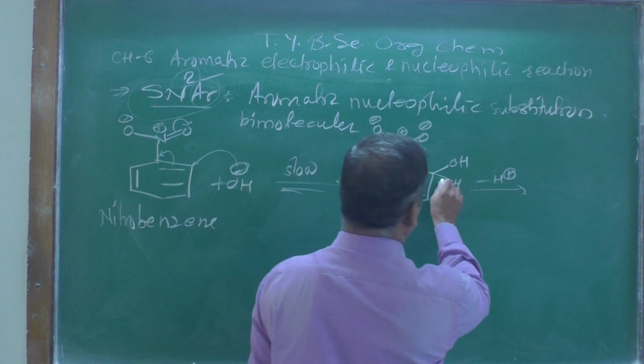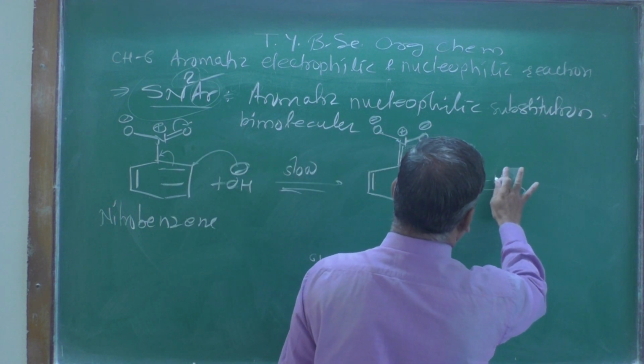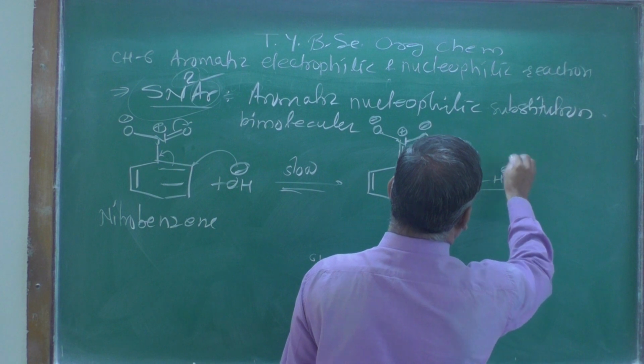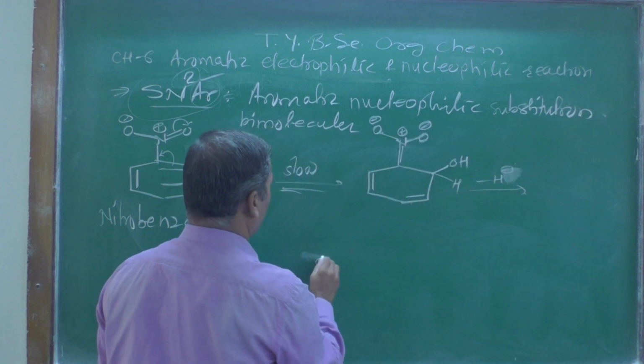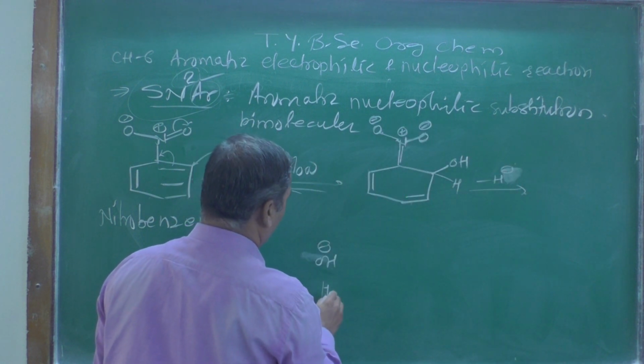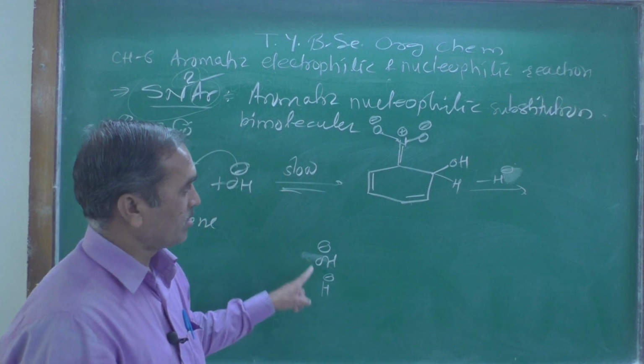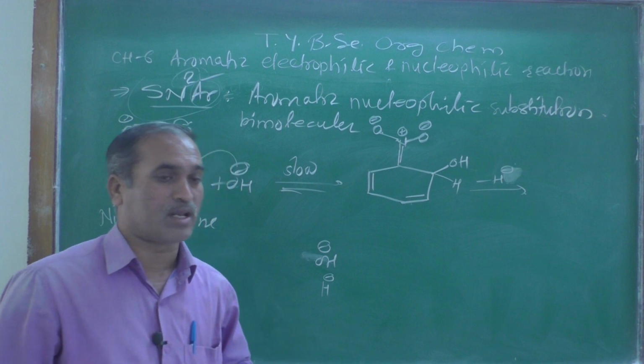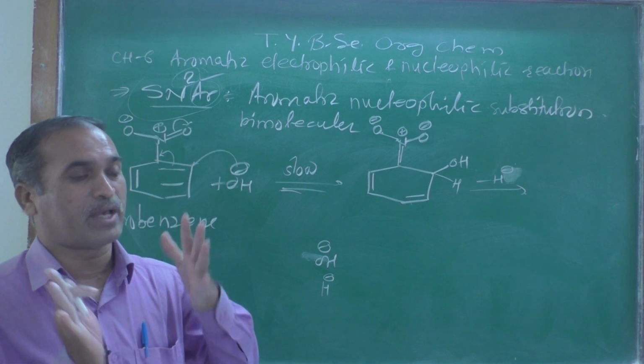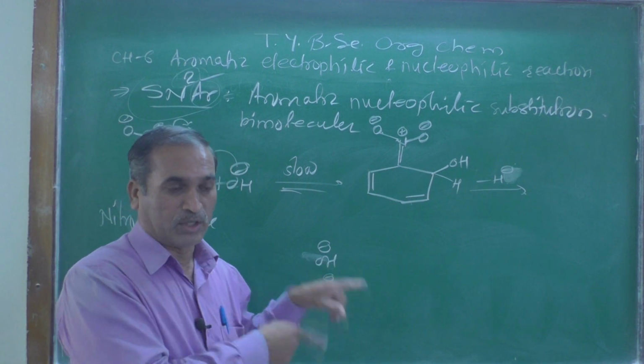Now here it is not H plus, this is H minus, and we know that OH minus means hydroxyl group, and H minus is a hydride. Now there is a loss. Which one is a better leaving group? Here we are comparing between these two only.